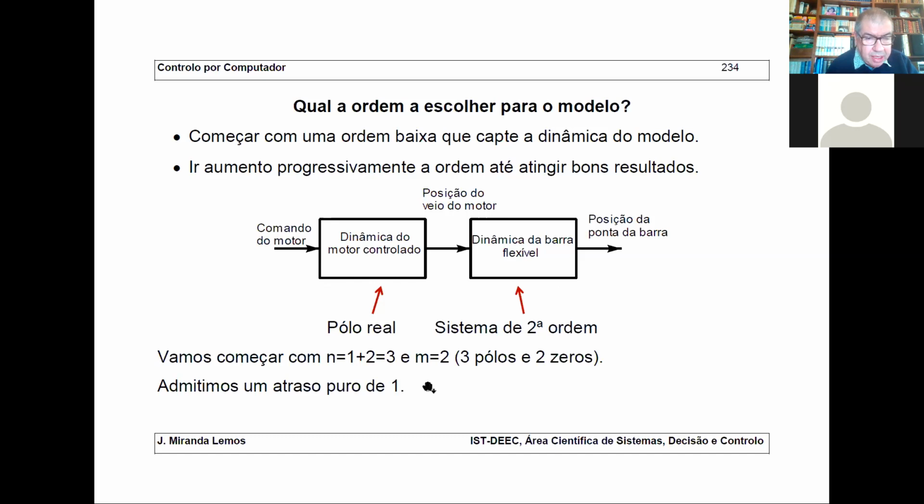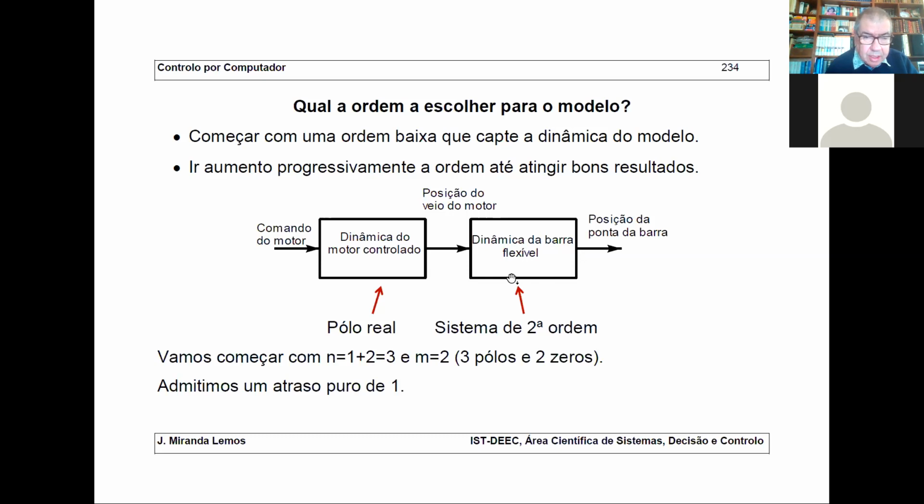So this gives me three poles. One from the motor. Actually, the motor has two, but I'm neglecting the fast one. So just one pole from here should be a real pole, and then two poles that I'm sure will be a complex conjugate and stable. So three poles, and one or two zeros. I placed here 1 zero. Okay, let's do an approximation.